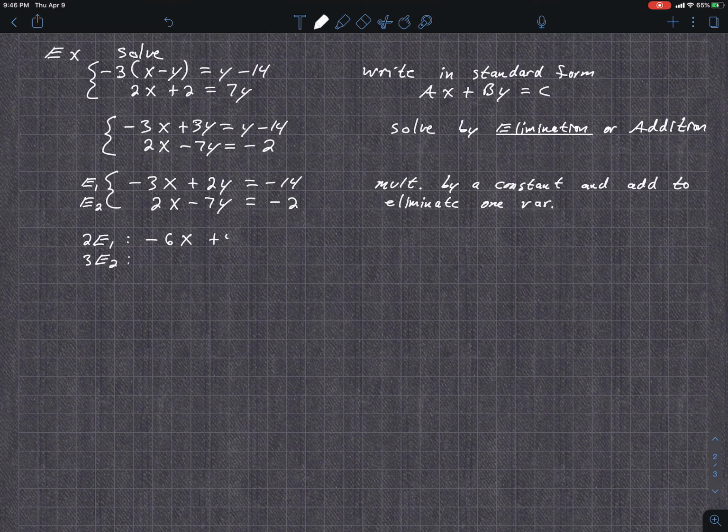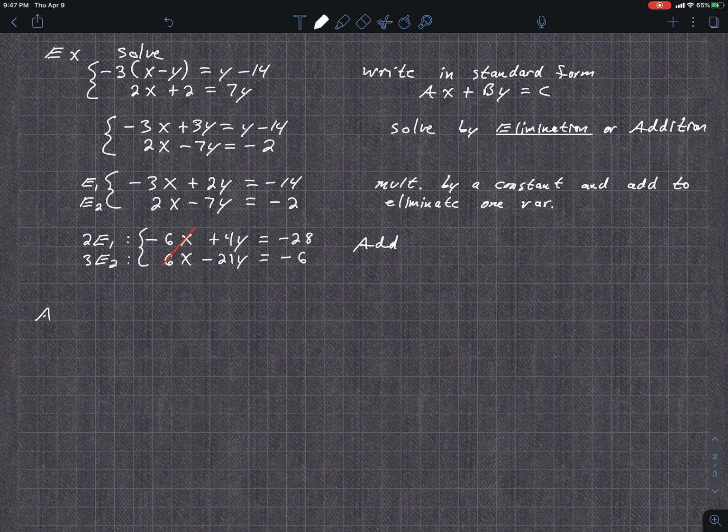you would have negative 6x plus 4y equal to negative 28, and then 6x minus 21y equal to negative 6. So by doing that step, you can see that if you add those two equations together, you will eliminate x.